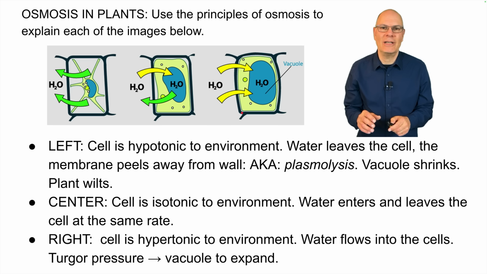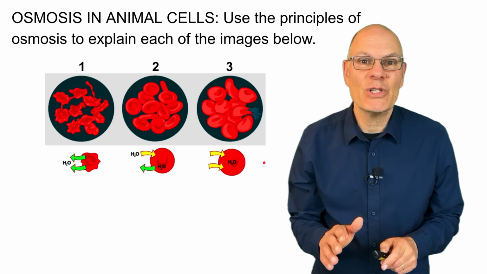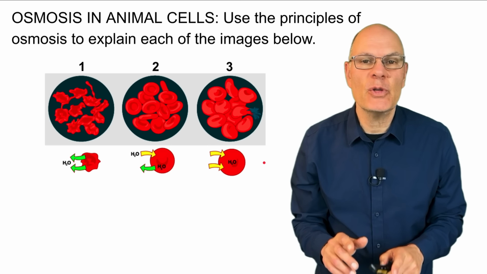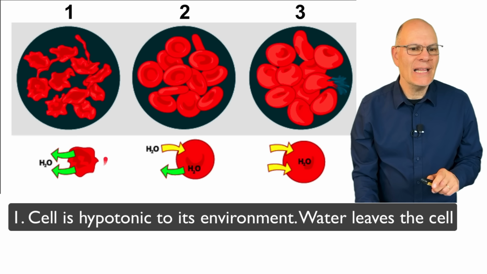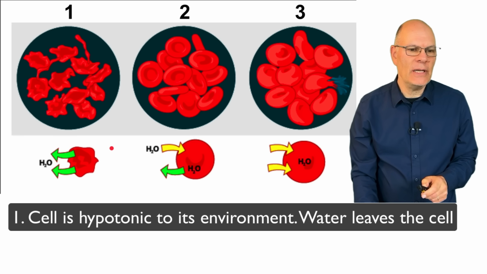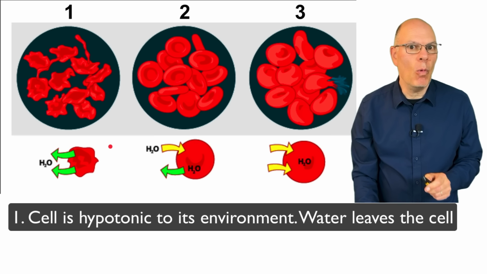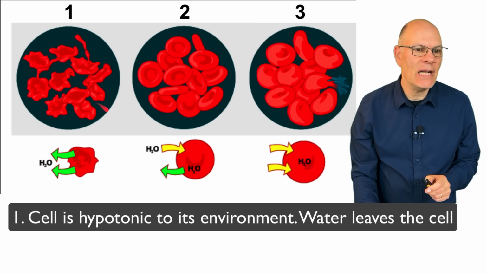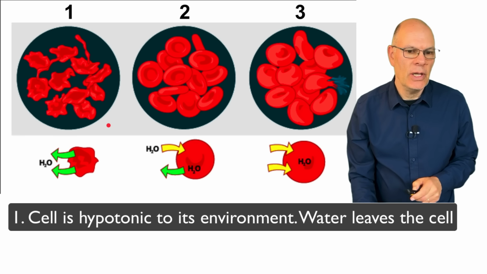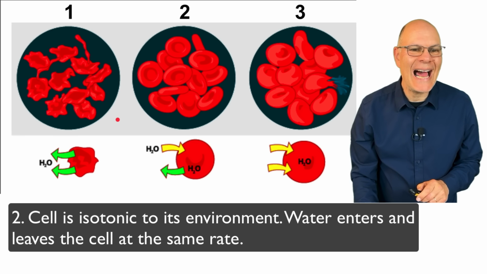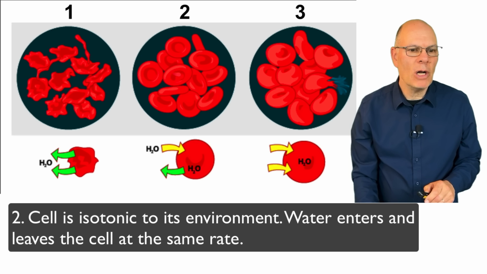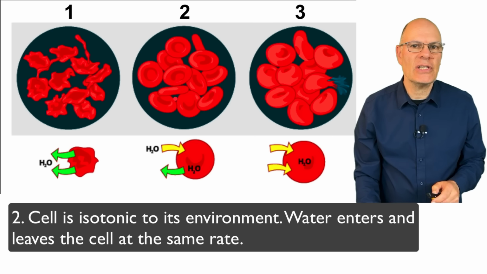They're not wilted. Osmosis in animal cells. Use the principles of osmosis to explain each of the images below. Cell number 1, the cell is hypotonic to its environment. Water leaves the cell. Water always flows from hypotonic to hypertonic, so the cell shrivels up. In situation number 2, the cell is isotonic to its environment. Water enters and leaves the cell at the same rate.